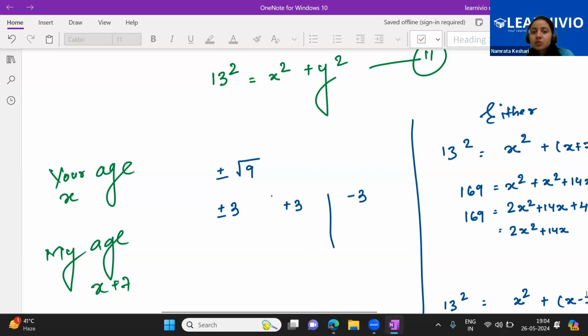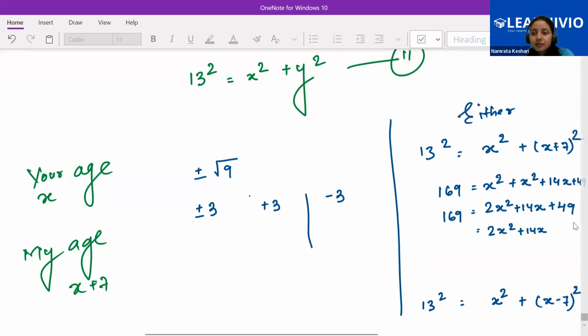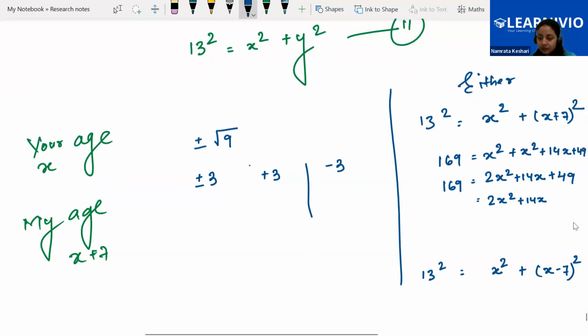If this is x, then you also have to find x plus 7, or whatever you have taken, x minus 7 in that case. Everyone getting the same?